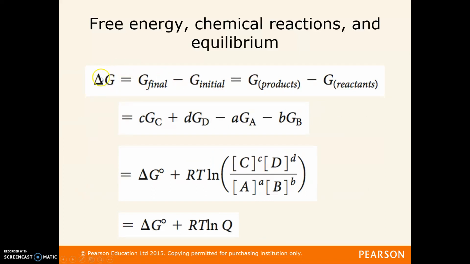So if we also look at delta G, we've been looking at it in terms of the final G minus the initial G, but we're actually dealing with products and reactants, right? So we can look at where the energy is coming from in products and reactants. And here we start pulling in those equilibrium constants. Also keep in mind that all of the delta G reactions are all about standard conditions, right? And our body is not standard condition.